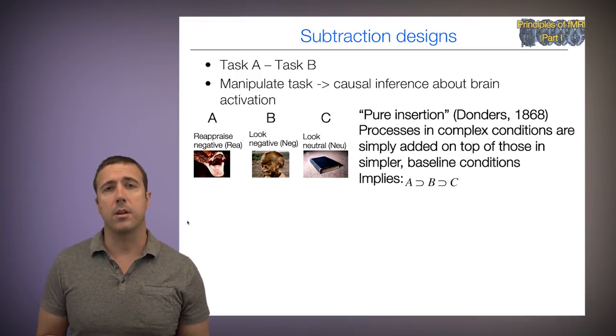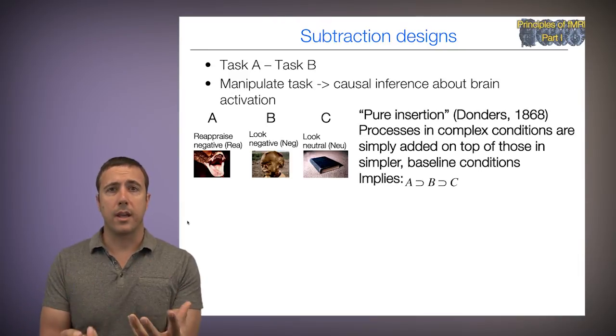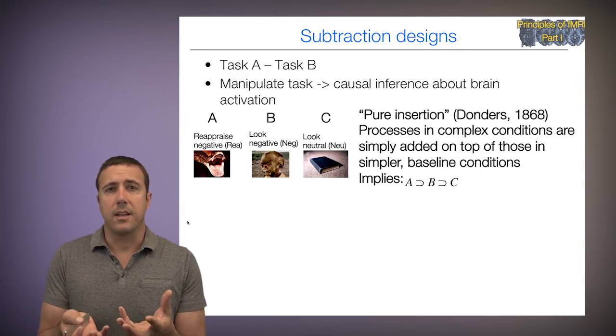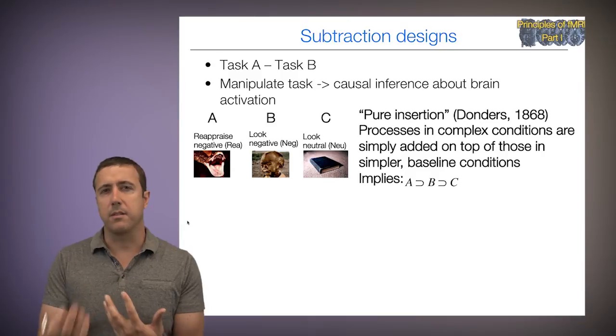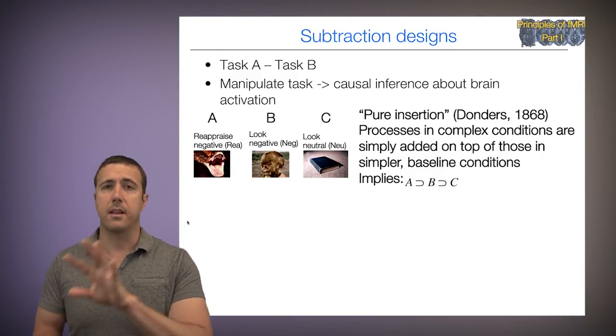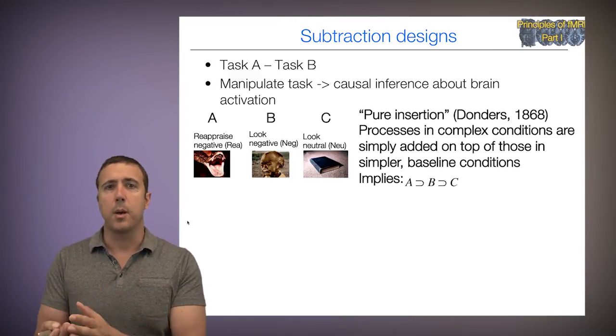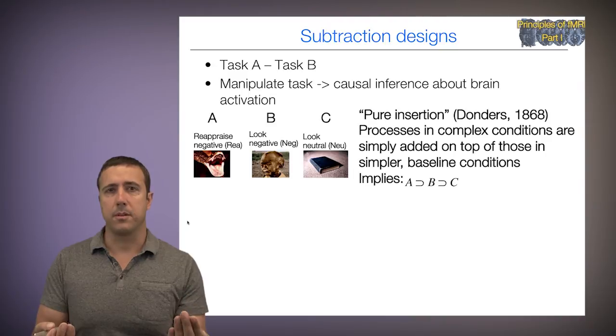So here, my assumption plays out in this way. I'm going to assume that looking at neutral pictures engages a lot of neutral picture-related processing, visual processing and semantic processing and so on, and that looking at an aversive picture has all that stuff to the same degree plus the negative emotion component.